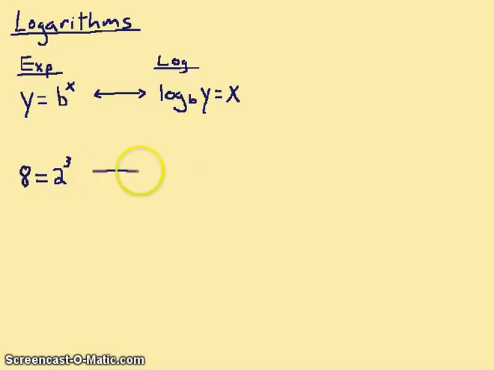So to convert that to a log form, what I would do is just take the log base 2. So it's still the same base as the exponential base right there. So log base 2 of what's on the other side, the 8, equals this exponent. And so that equals this.